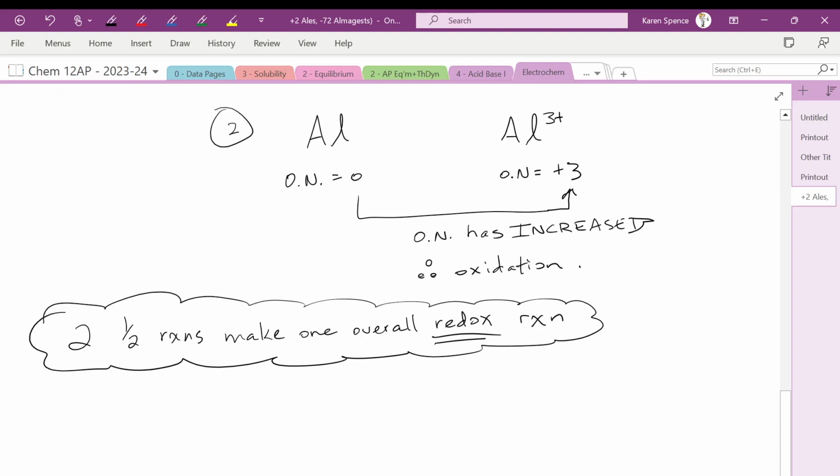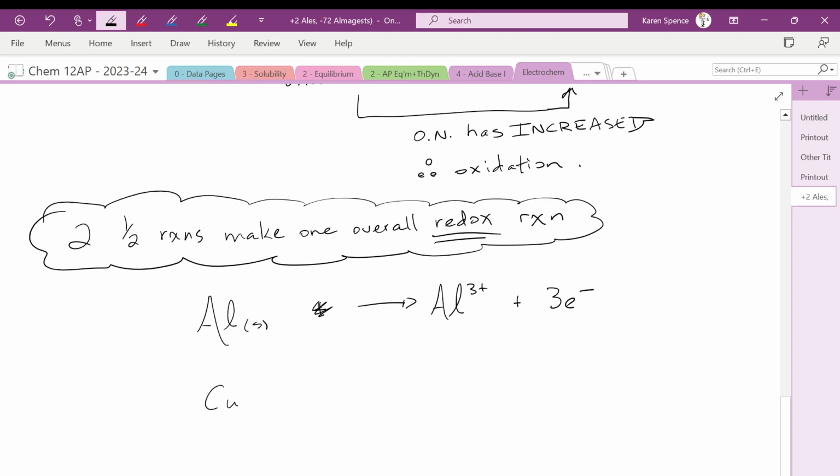So if I were to throw you this half reaction, and this half reaction, now the trick is when you have two half reactions, you need to make the electrons going in equal to the electrons going out.